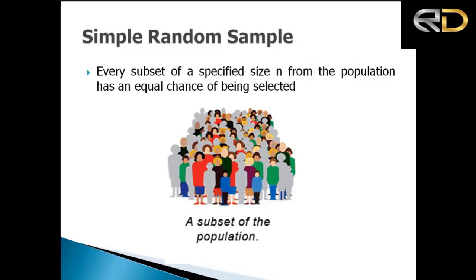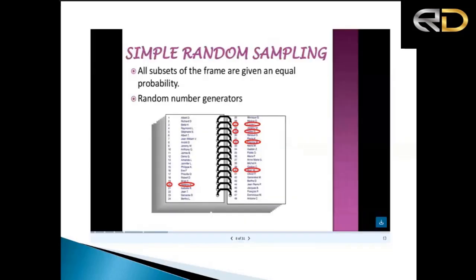Whenever the population is homogeneous, then we use simple random sampling, where every unit has an equal chance to be selected into the sample. See, we have a similar type of list, and we are randomly just collecting the units from the population.